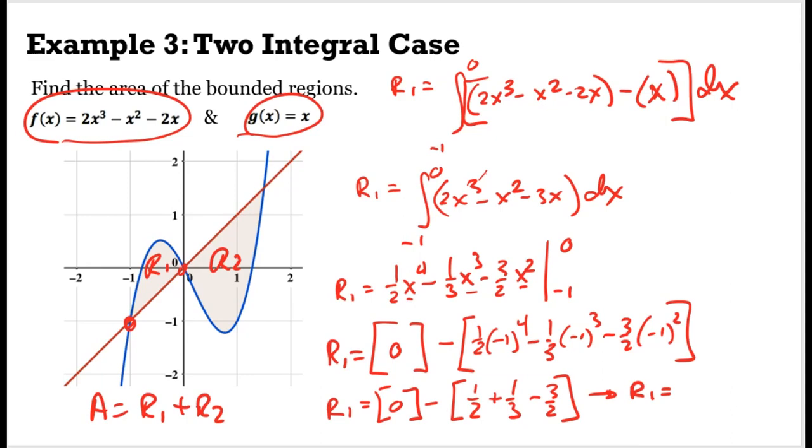So for region 1, we'll get these all to be a common denominator. So this is going to be 3/6 plus 2/6 minus 9/6.